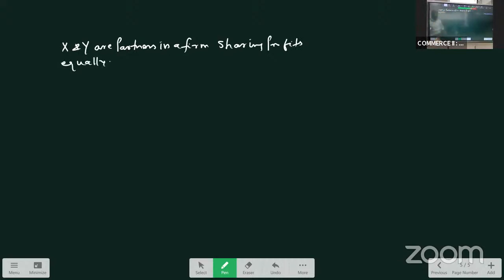Equally in the sense 1:1. Okay. Z is admitted for 1/4 share. The new partner is given 1/4 share. Calculate NPSR. What does NPSR stand for?